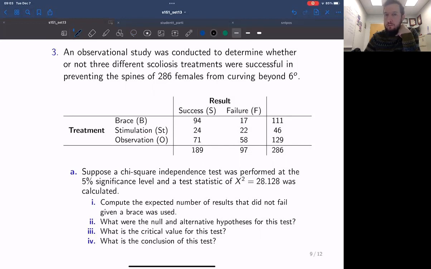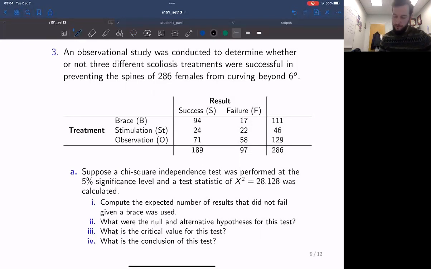We have brace, stimulation, observation, and whether the treatment was successful or not successful. Our data are summarized in a two-way contingency table.